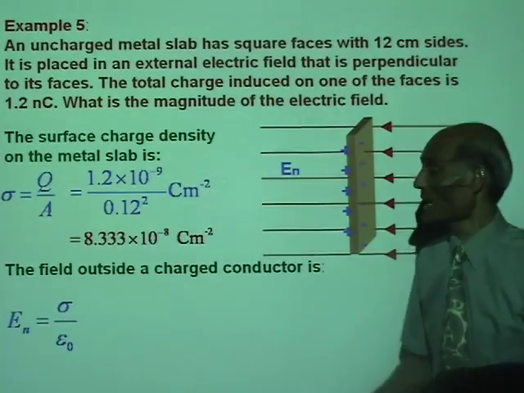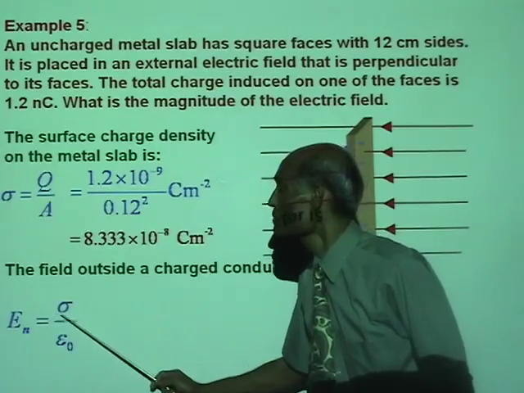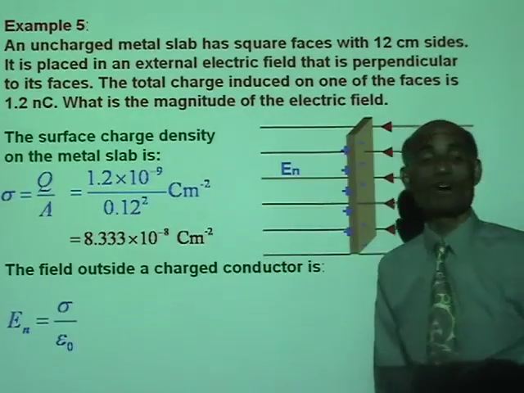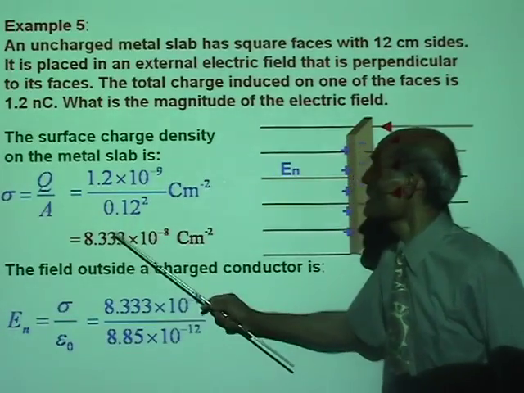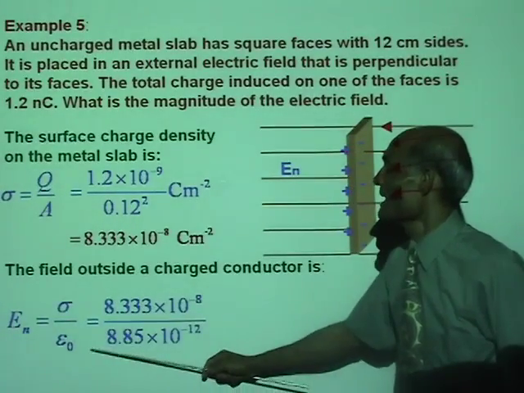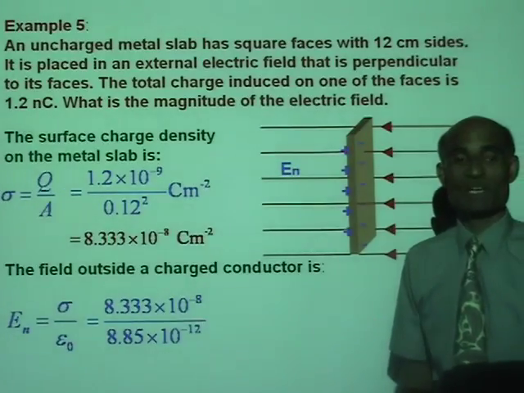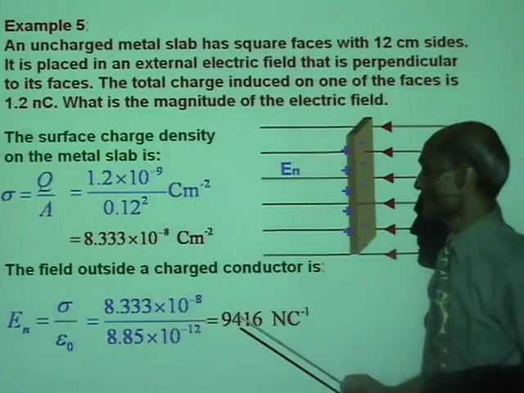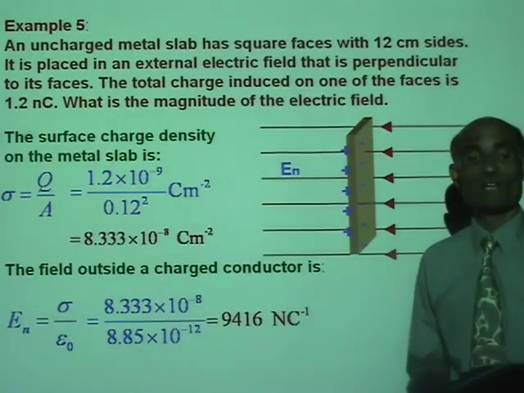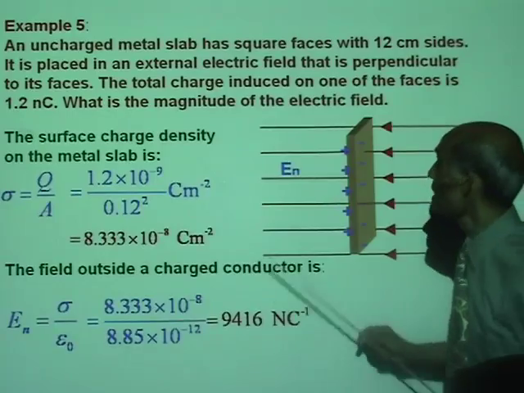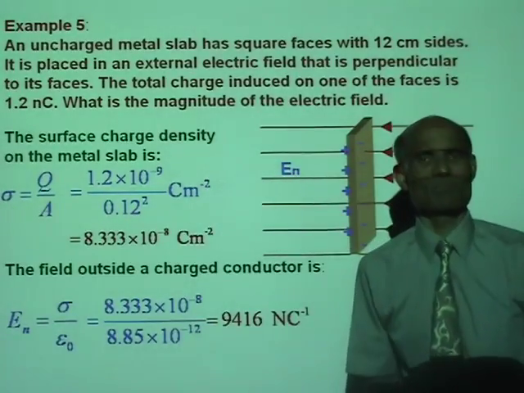Well, once you know that, you can now find the electric field because you know sigma, you know the value of epsilon naught. Therefore, E equal to sigma, which we just calculated, over epsilon naught, which is 8.85 times 10 to the negative 12. That is 9,416 Newton per coulomb, is that electric field. A very neat but simple problem.